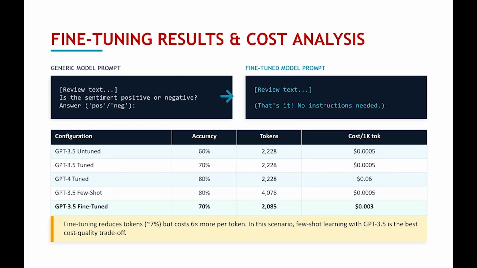But the per token cost is 6 times higher at 0.003 per 1,000 tokens. The moderate token savings don't offset the higher price. In this scenario, GPT 4.5 with one-shot learning wins.